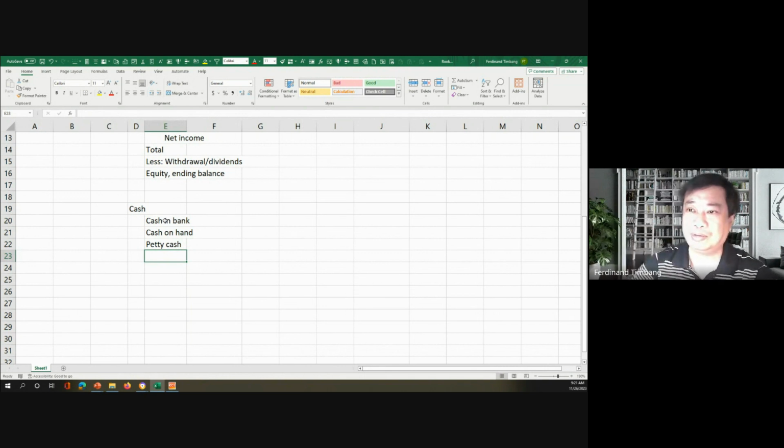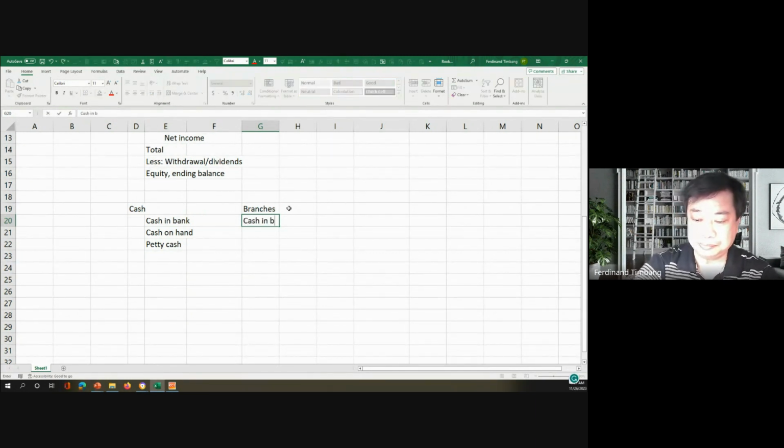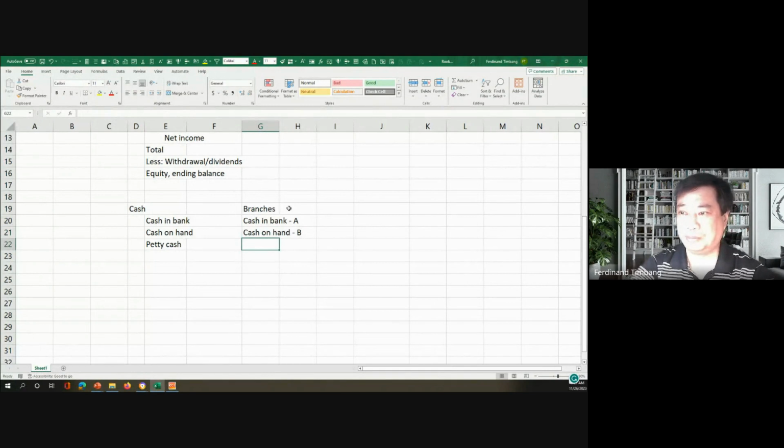Ibig sabihin, merong cash in bank. Let's say this is the mother account. Paano kung meron kayong mga branches? So you have to identify yung cash nila for that particular branch. So maybe you can use the cash in bank A, ganyan. Cash in bank, cash on hand, tapos petty cash.